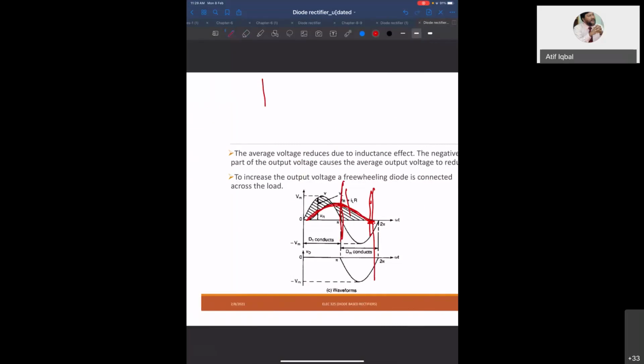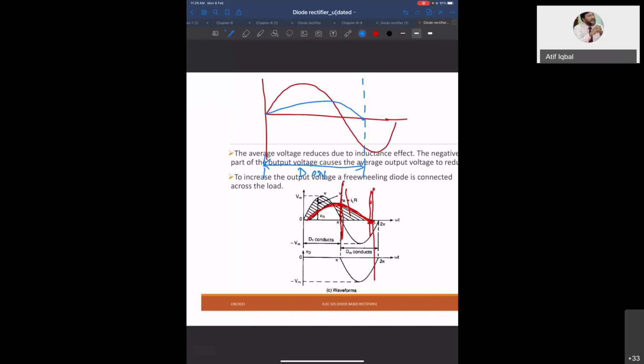Let me redraw it. So this is my source, and this is my current. Okay, and this was my original case. The diode was on until this point. Okay, this was the original case.